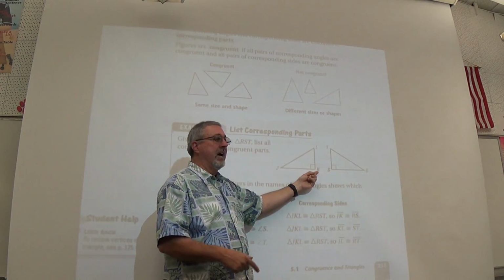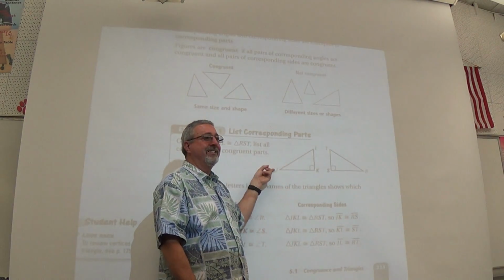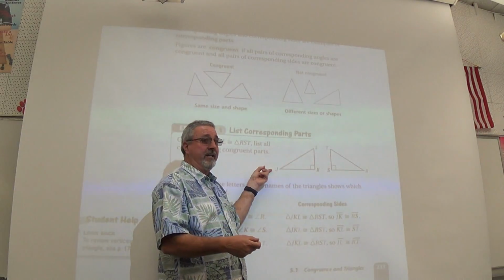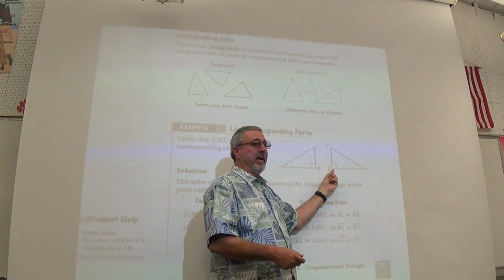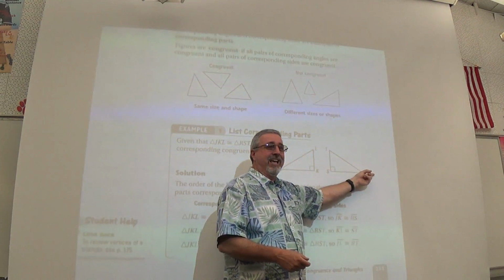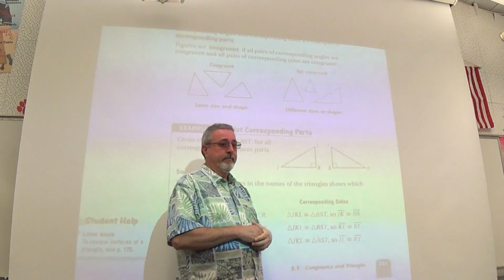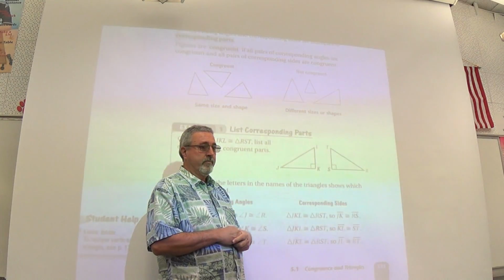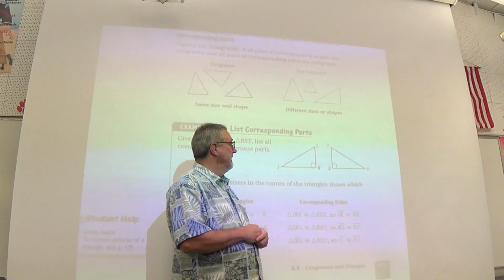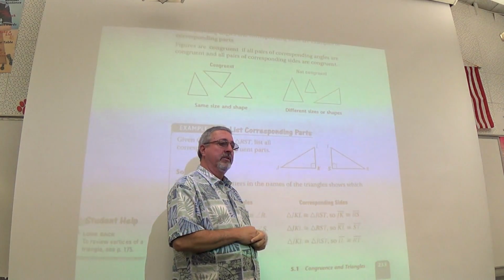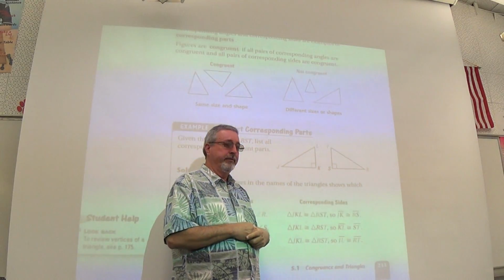If I start at the 90-degree angle and go to this angle to label the side, I have to start at the 90-degree angle and go to this angle and label that side. Yes ma'am? What about when you're doing, say, JL? Would it have to be JL and then RT? Yes, absolutely, it would have to be that way.